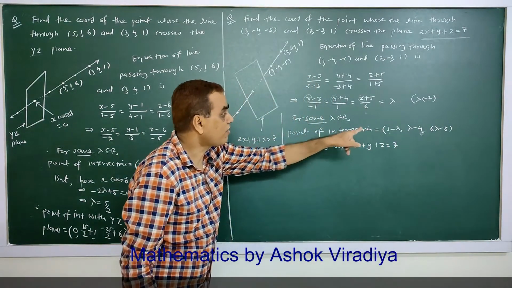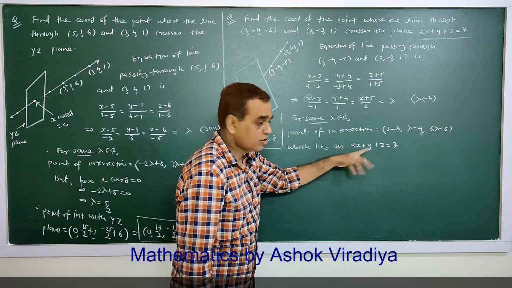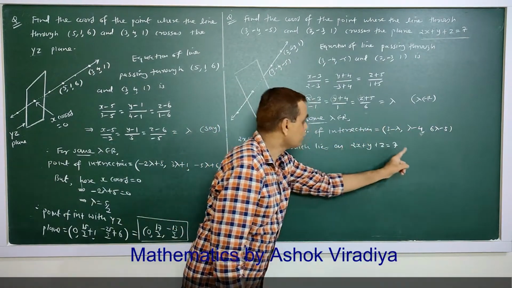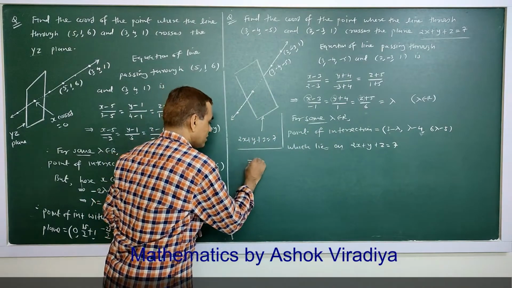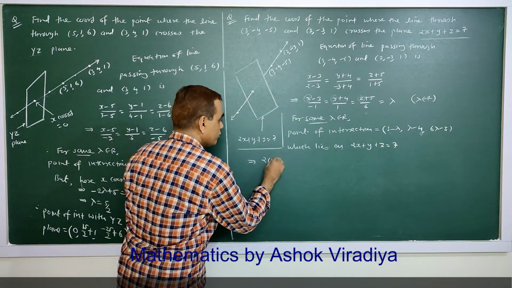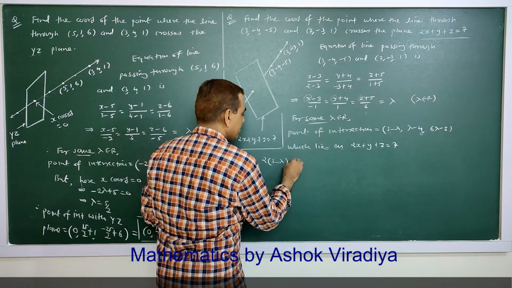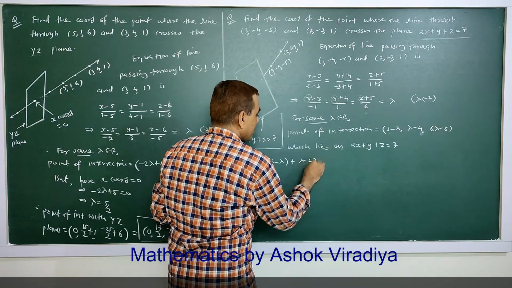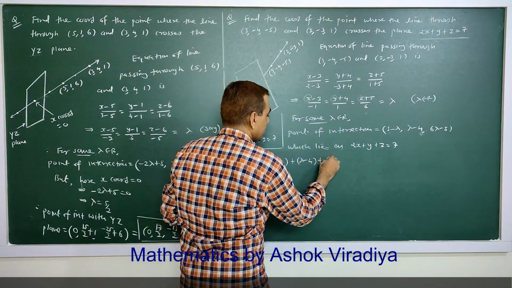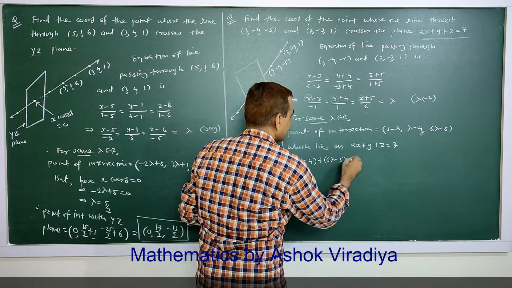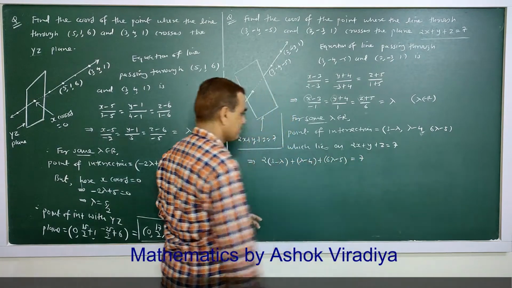It is a point of the plane also. So the coordinates of this point will satisfy this equation. Therefore, putting in this equation: 2 into (3 − lambda) plus y is lambda − 4 plus z is 6 lambda − 5 equal to 7.